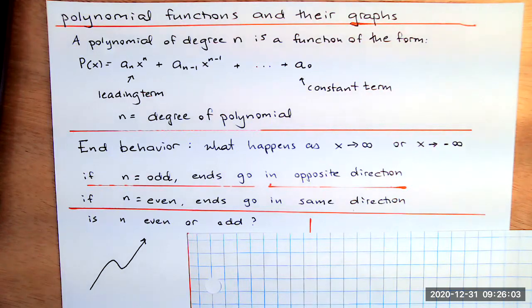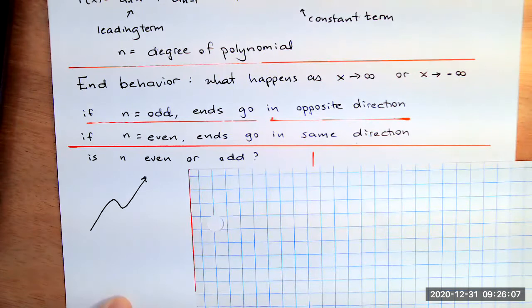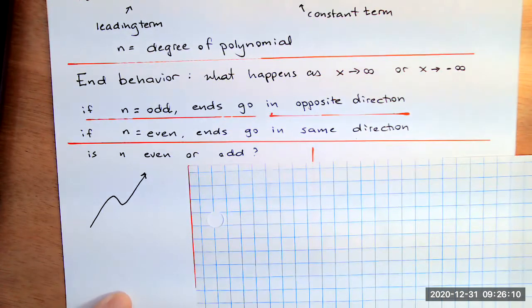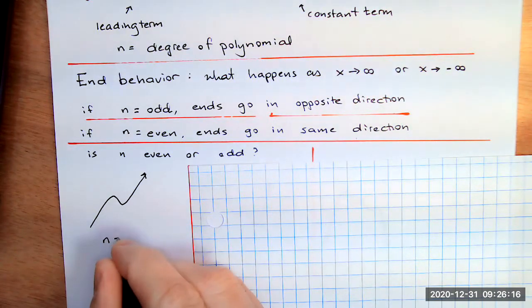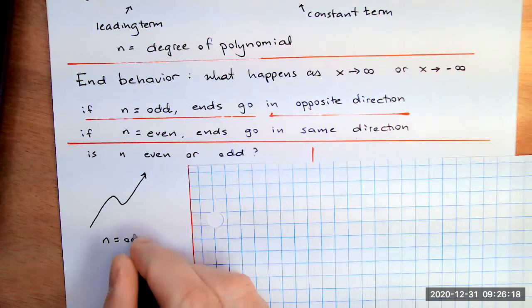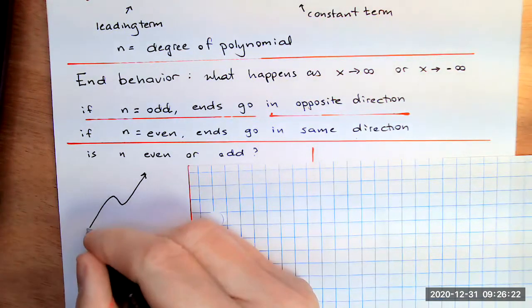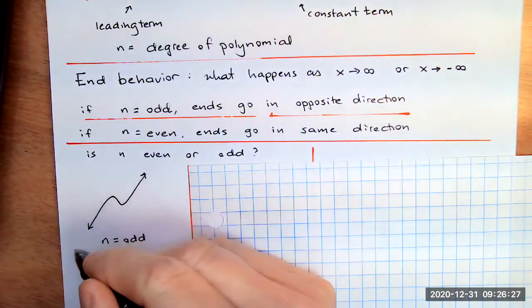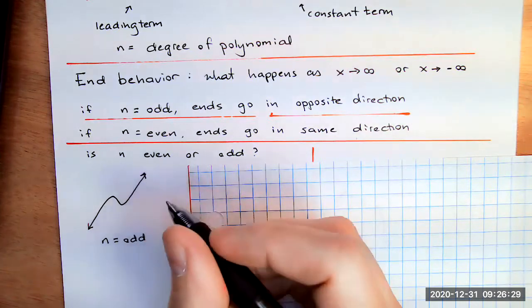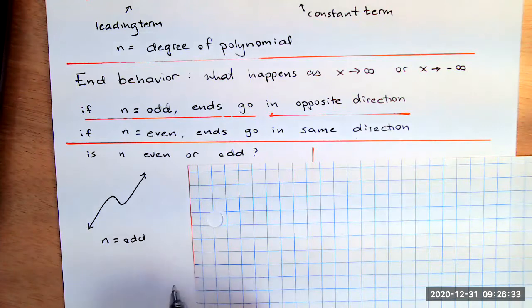All right, so for this polynomial, is the degree even or odd? If you said odd, you would be correct. And one of the features of a graph of a polynomial with an odd degree is that it has no maximum and no minimum if you use the entire domain.